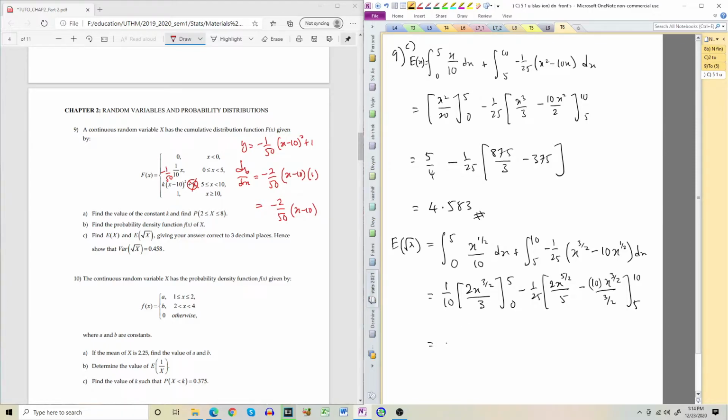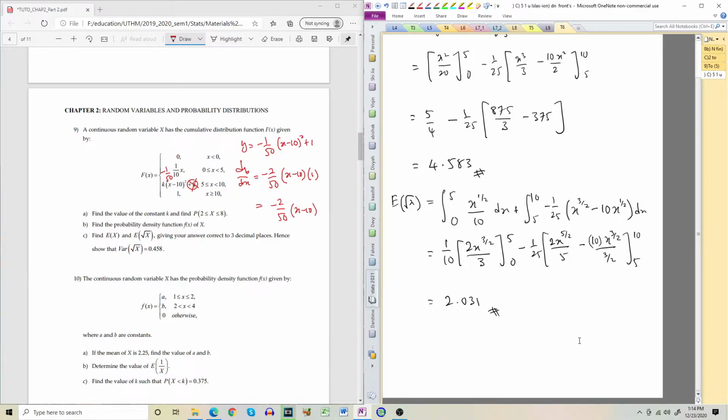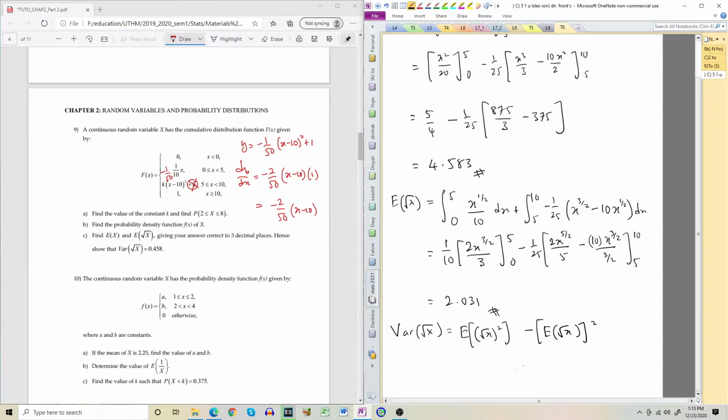So if you complete this, you substitute all the values, you should get this one. Okay, you try do this. So we want variance of x, this is actually expected value of x squared minus this one.